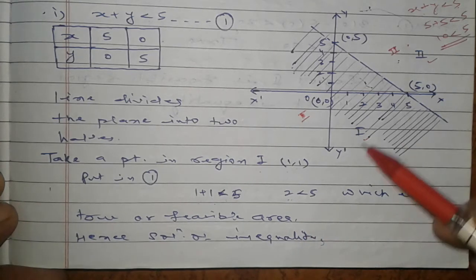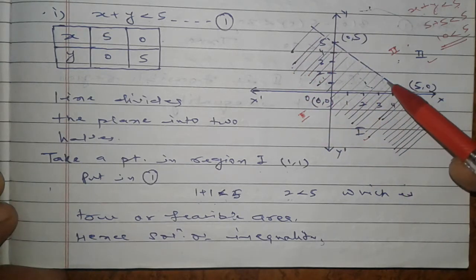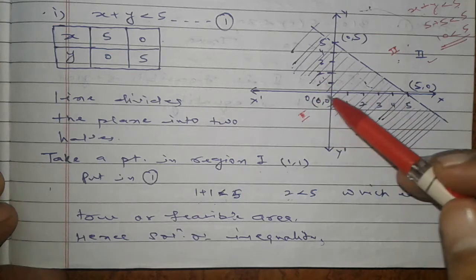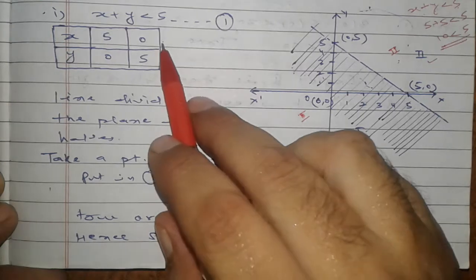So all this is our solution area, the feasible area. We may shade it below this line. It means this is the feasible region and the solution of this given inequality.